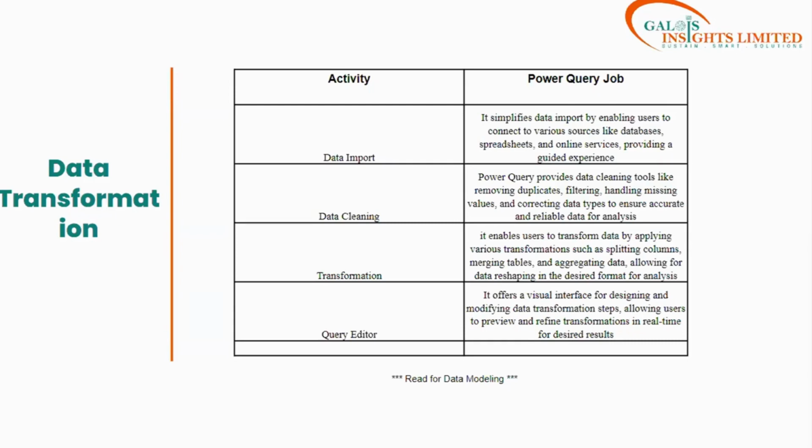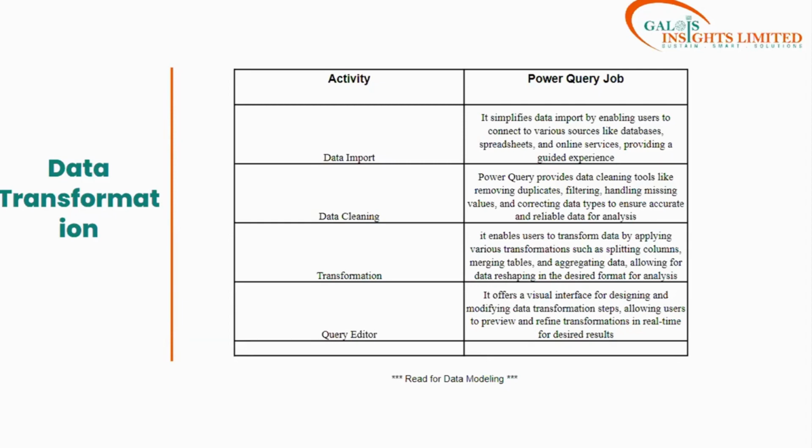The main part is the Power BI job. It does the data input, cleaning, and transformation, because you just need the data to be ready for the next step. I'll show it to you.